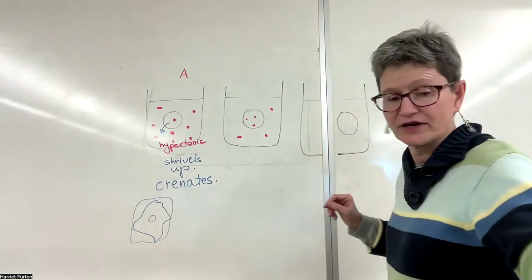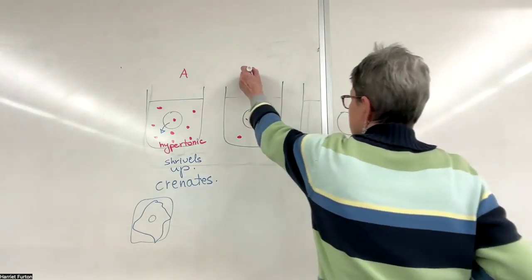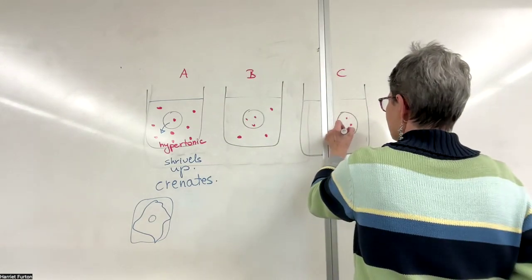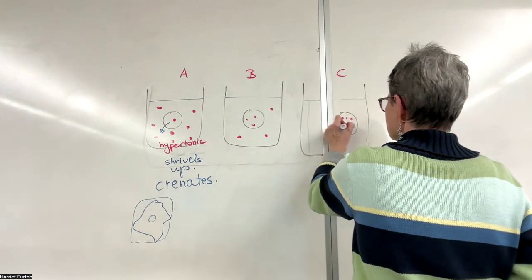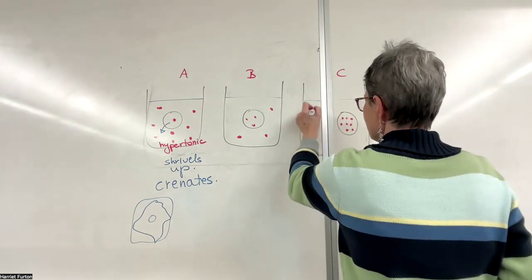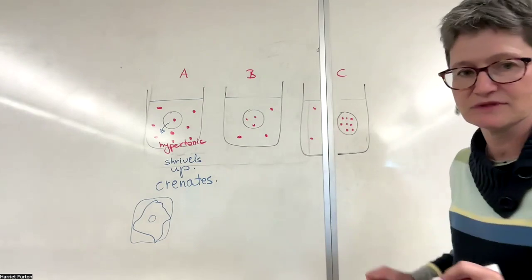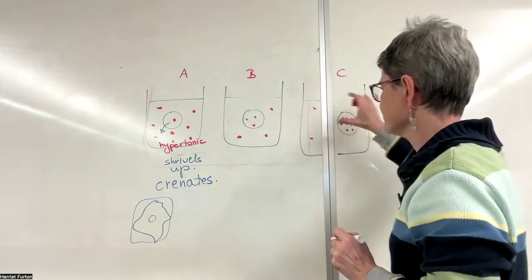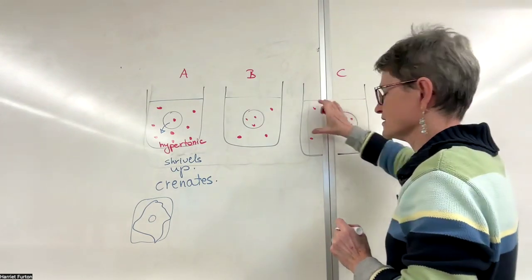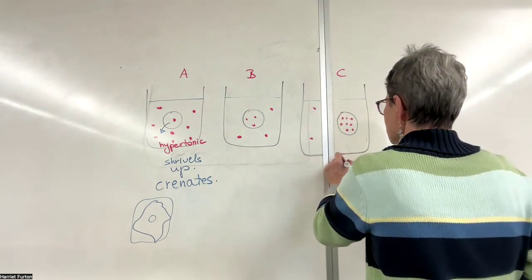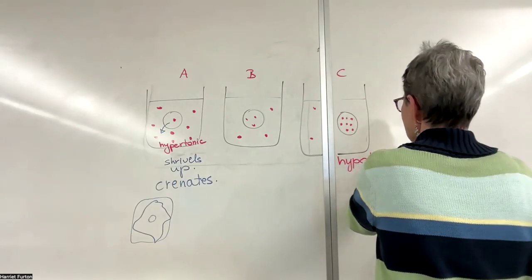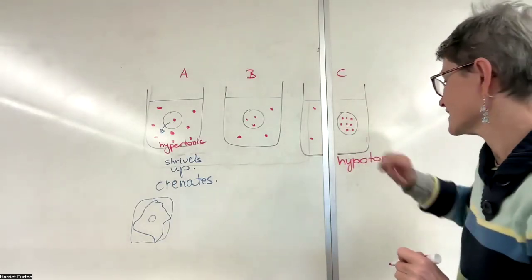The last scenario is going to be, let's say we have tons of dots inside of the cells as solutes and very few dots on the outside. We say based on the solute concentration, the outside is hypotonic relative to the inside of the cell.